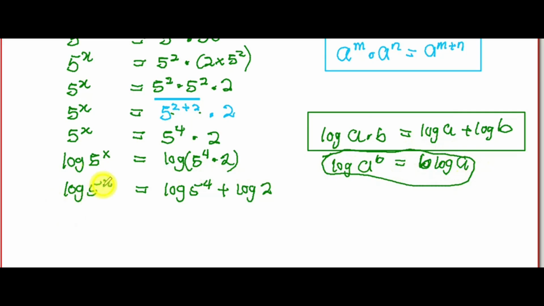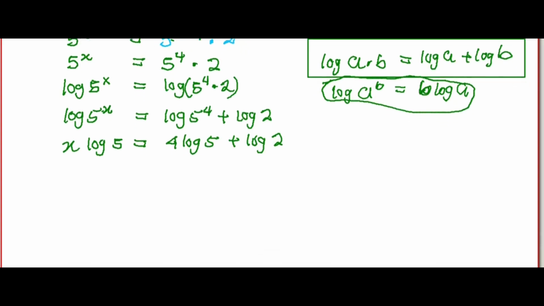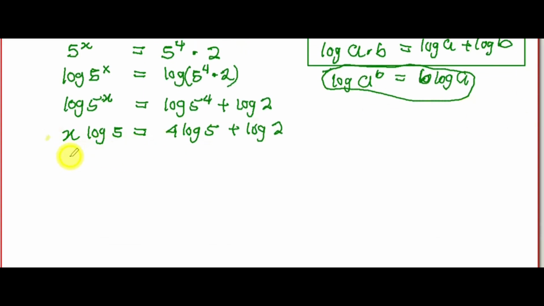If you apply this rule, this one becomes x log 5 equals, and here becomes 4 log 5 plus log 2, right? So here we have x log 5 equals 4 log 5 plus log 2.